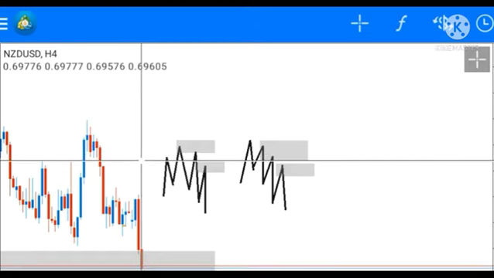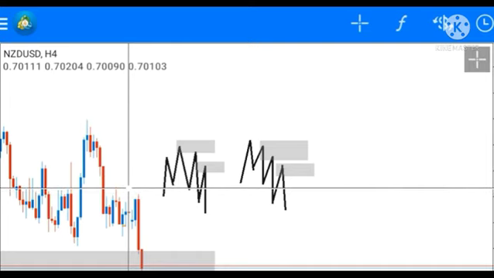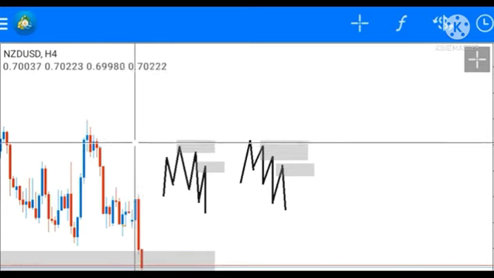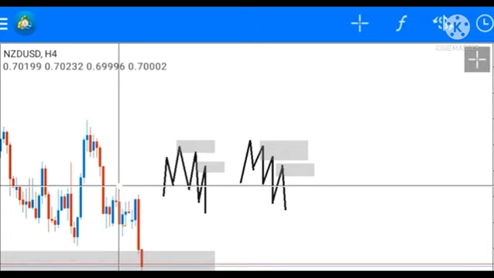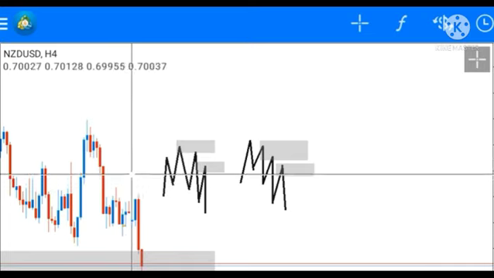Where do you think their stop losses will be? Below this old low, of course. And market makers understand that. They push price up as if it was going to continue rallying, only for them to drop price aggressively downward to close below this previous low and capture all the orders, all the stop losses resting below these lows.